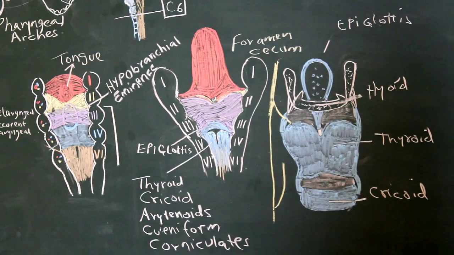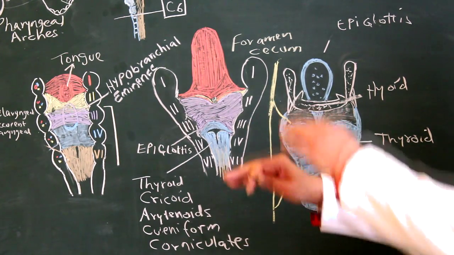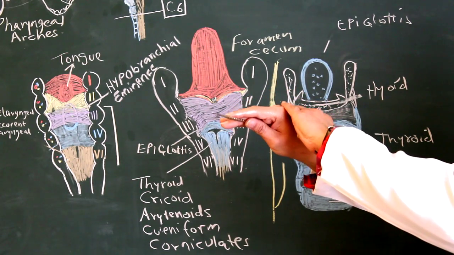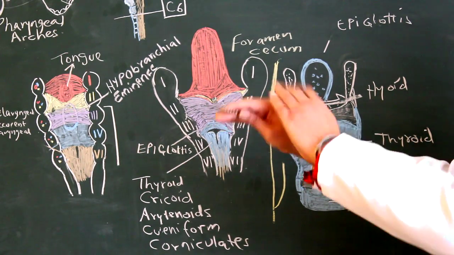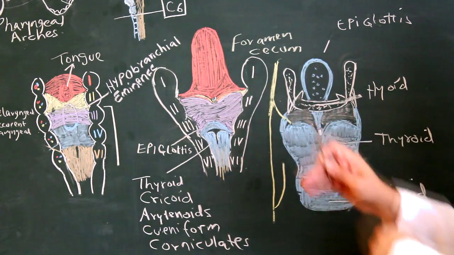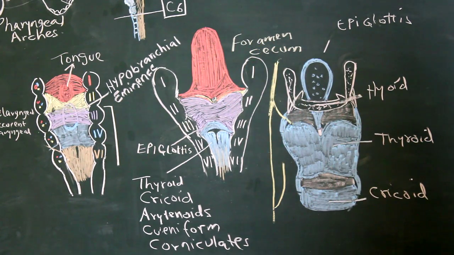The oral mucosa is the stratified squamous type. So the top part of the epiglottis is covered by stratified squamous epithelium, while the laryngeal surface is covered by pseudostratified ciliated columnar epithelium.